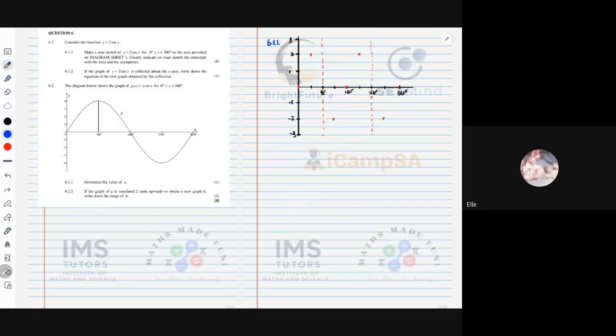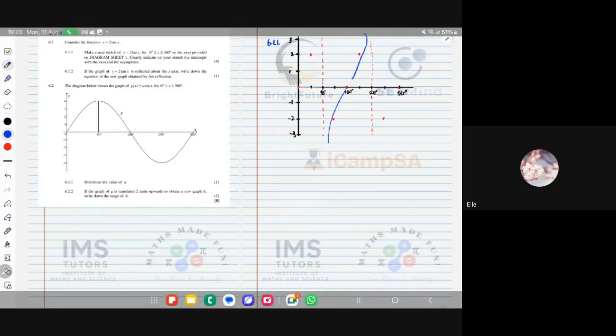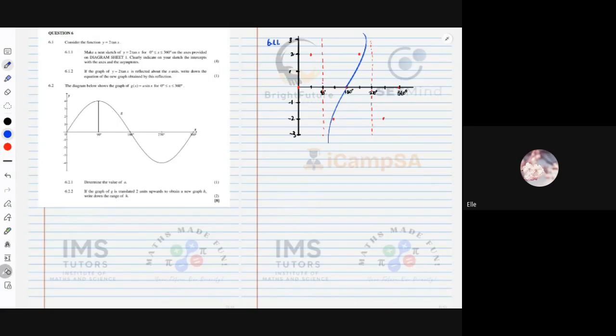I'm trying to draw it as neatly as I can. Now it's a very good curve.